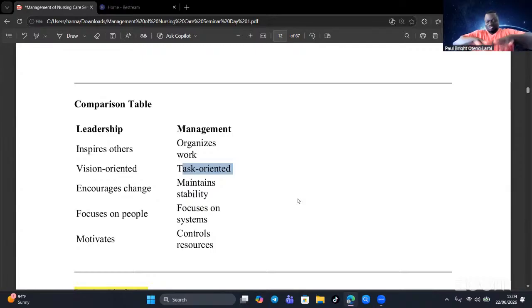Some of your colleagues will come and motivate you to do certain things. They are leaders, they are encouraging you, but they are not maintaining stability sometimes. Because the manager will always maintain stability: enough staff, enough budget, enough logistics, everything.